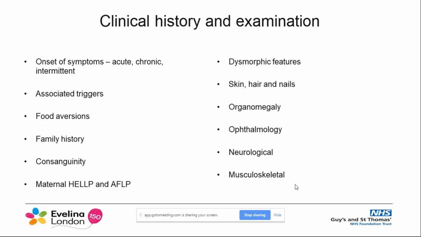Is there any organomegaly, so hepatosplenomegaly? Has someone looked at the eyes, or can you look at the eyes looking for things like cataracts, probably at the bedside? And then a full neurological examination can be useful depending on what you look for. Our examinations tend to be fairly focused, and a musculoskeletal examination if that's appropriate.